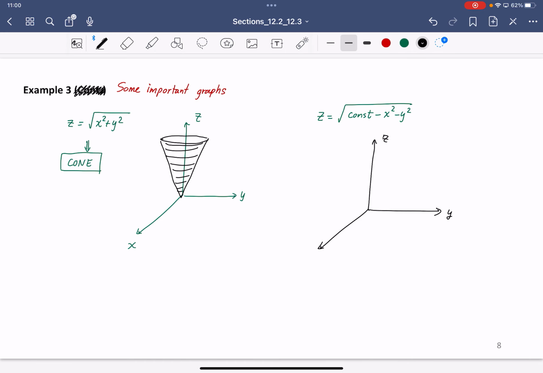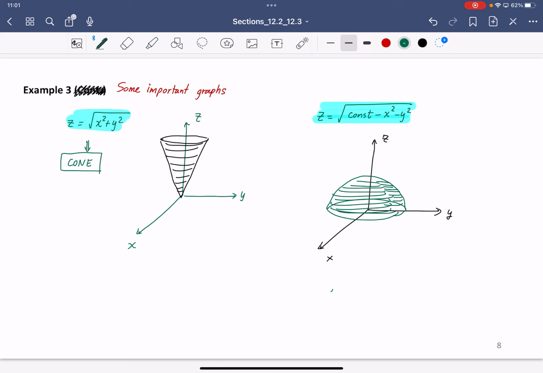With axes c, y, x, it's going to be a sphere with some radius, and here it's the half sphere in 3 dimensions. This is the graph c equal to square root of constant minus x squared minus y squared. And this is c equal to square root of x squared plus y squared.